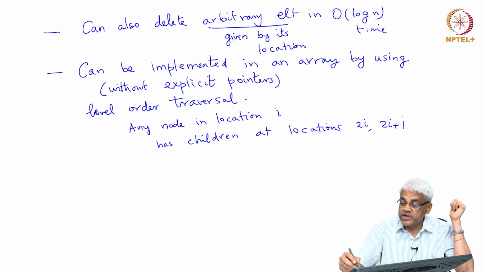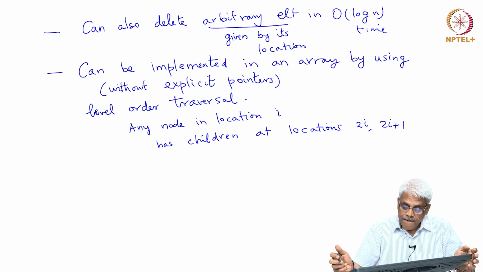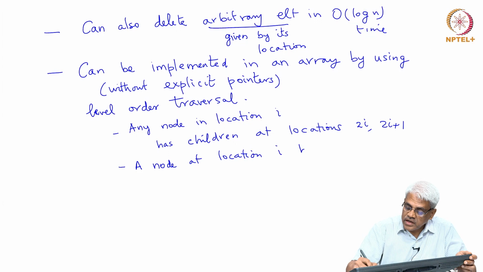I mean, maybe 2i plus 1 is not there, in which case it does not have the second child, it has only one child. Okay. Similarly, a node at location i has its parent in location i by 2.